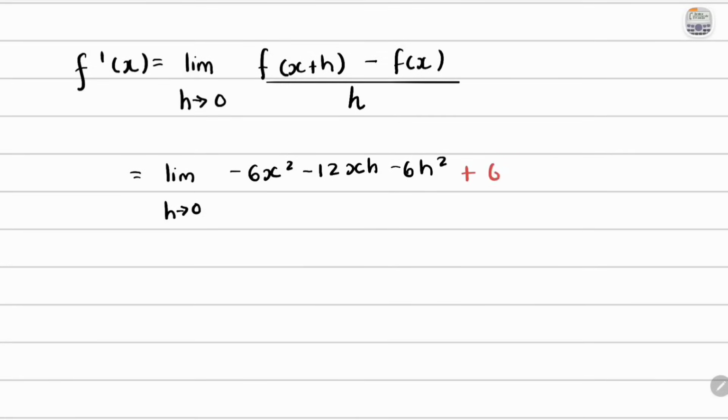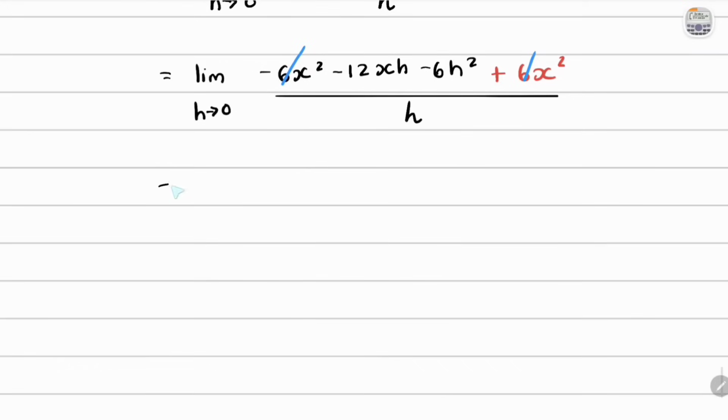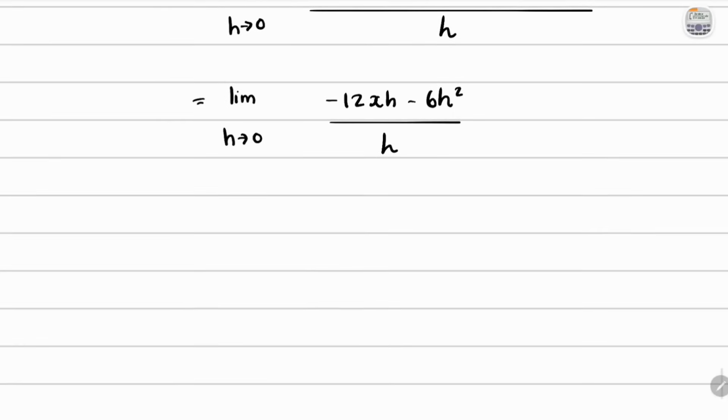So we can say plus 6x squared all over h. Okay, so immediately whatever you were subtracting by is what will cancel. So these two cancel, and we can just rewrite what we're left with. So this is the limit as h approaches 0, and we have negative 12xh minus 6h squared all over h. And now we can finally take out a common factor.